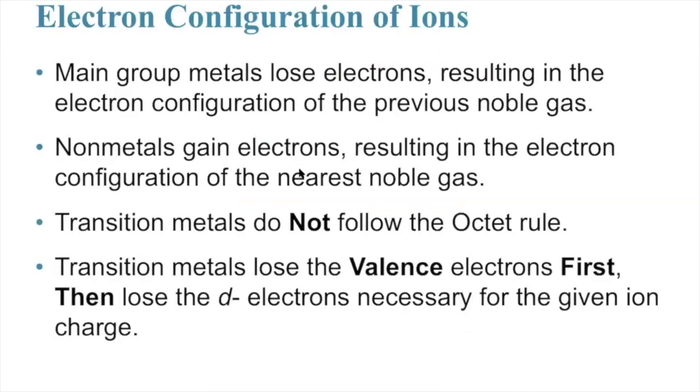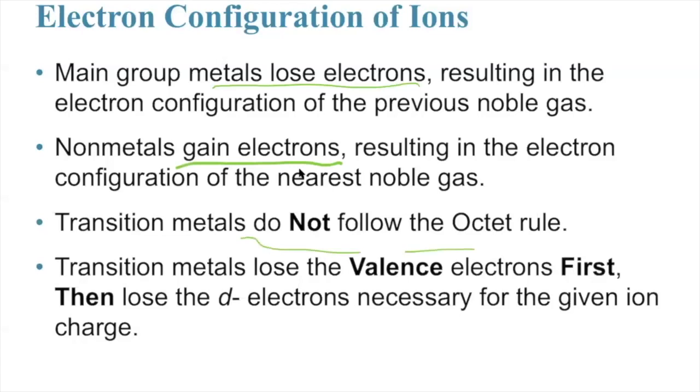Moving forward, when we write the electron configuration of ions, notice that most metals are going to lose electrons in order to gain the electron configuration of the nearest noble gas. Non-metals are going to gain electrons in order to gain the electron configuration of the noble gas.